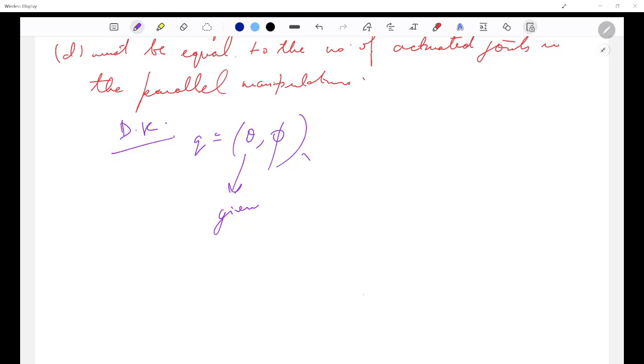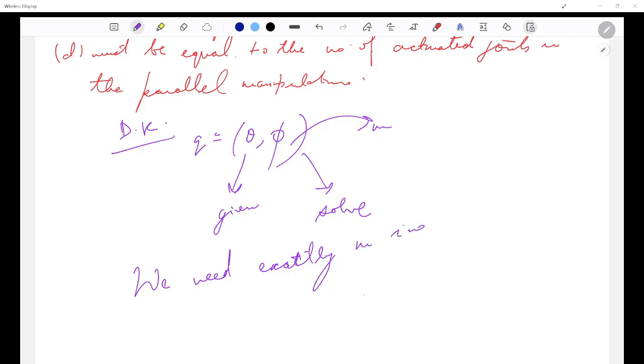We must solve for phi. So we need exactly m independent equations to solve for m unknown passive variables.